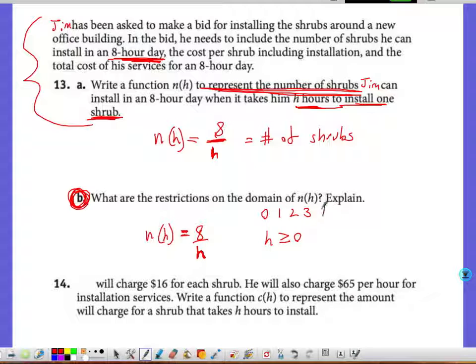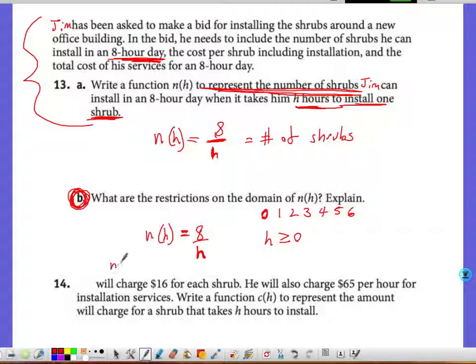Starting from 0 all the way to 5, 6, and on, if I plug in any of these numbers, is it always going to work out? Well, take a look at this. What if I plugged in 0 for h?